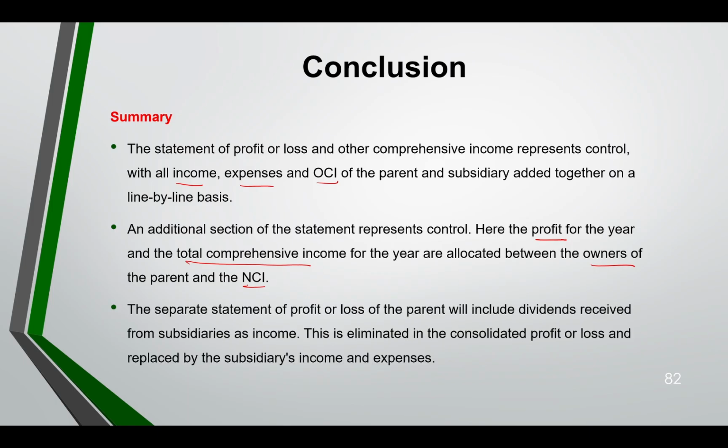Then the separate statement of profit and loss of the parent will include the dividends that they have received from the subsidiary as an income. But in the consolidated profit and loss, this is eliminated, because there you will have the subsidiary's income and expense consolidated with the parent's income and expense. All intragroup revenue and expense are eliminated on consolidation.